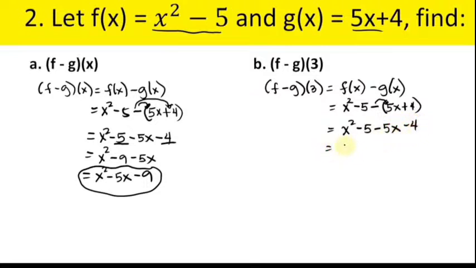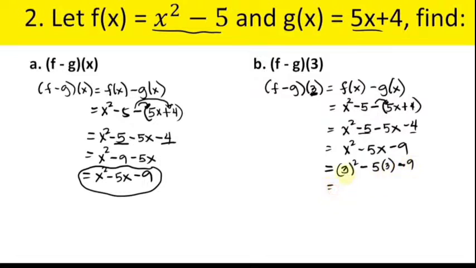Then simplify: x squared, negative 5x, and this becomes negative 9. Then the value of x is 3, so substitute: 3 raised to 2, subtract 5 times 3, minus 9.